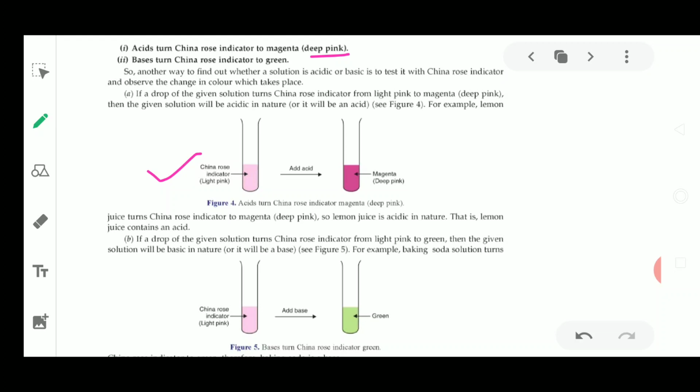As soon as you add acid to it, it is going to turn dark pink, a color known as magenta, like my marker's color. So this pink color is going to tell you that the given substance is acidic in nature, or an acid. And then base, what about base?